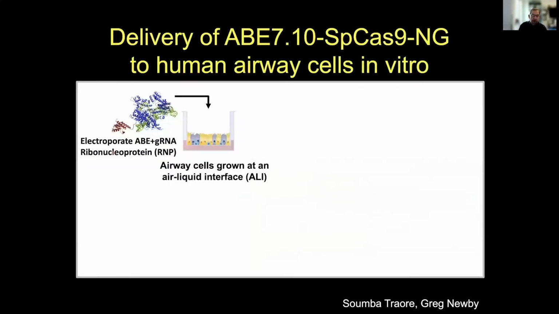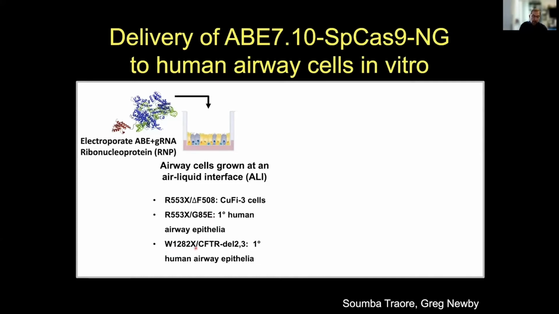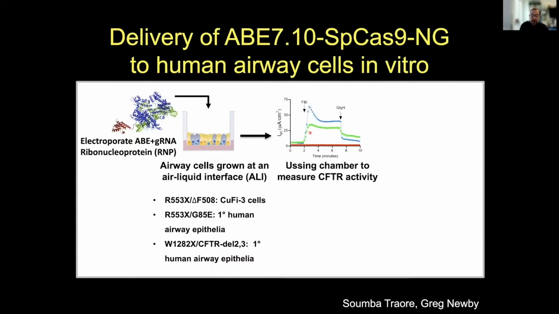So our approach for delivery is to use electroporation of the ABE RNPs to cell lines or primary cells, as outlined here: CUFI3 cells, which are compound heterozygous with 553X, human primary cells with 553X on one allele and G85E on the other, and W1282X heterozygous cells with a deletion mutation on the other allele. 3 weeks after culture, we looked at CFTR-dependent chloride channel activity in Ussing chambers.